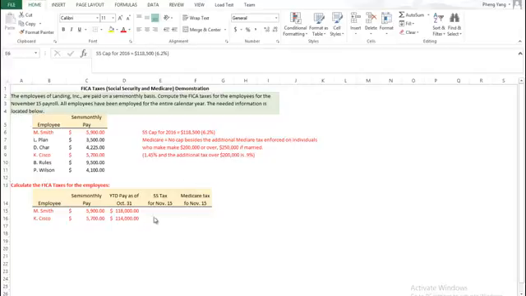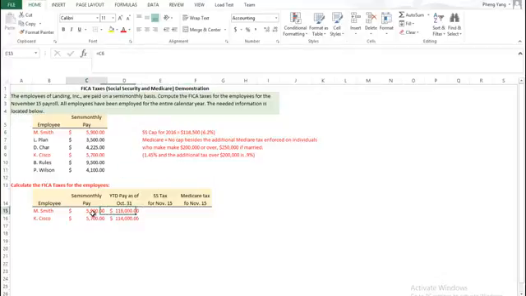Okay, so here in this situation, before you calculate Social Security for any individual, go ahead and revisit the year-to-date as of the previous payroll period. In this case, it is October 31st. If I look at Smith's October 31st year-to-date amount, he is very close to the $118,500 cap for Social Security.